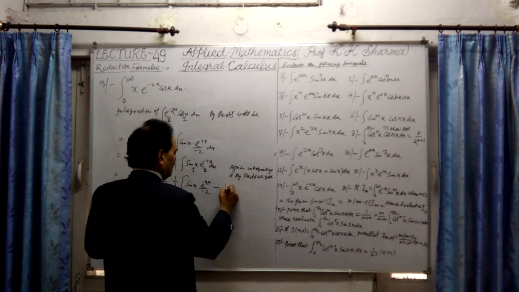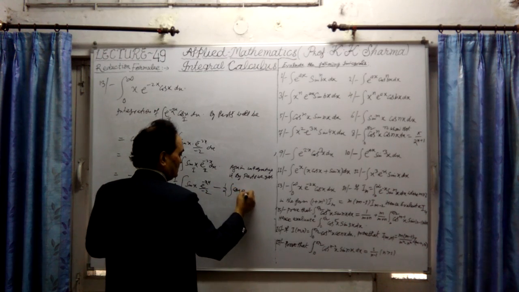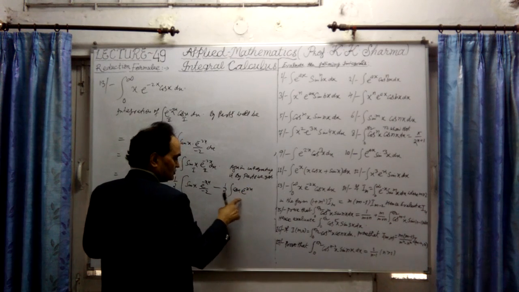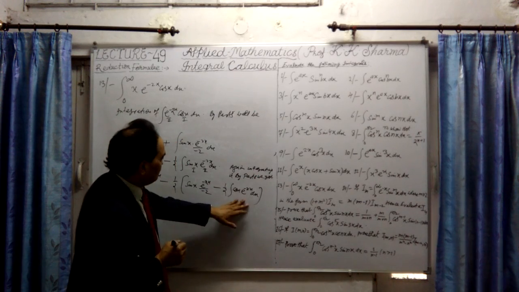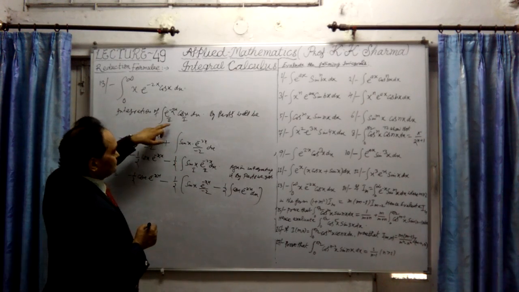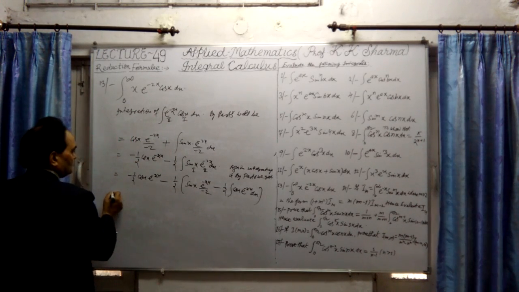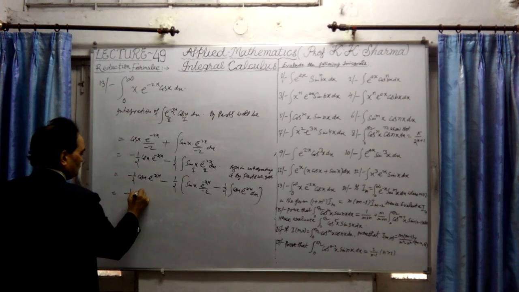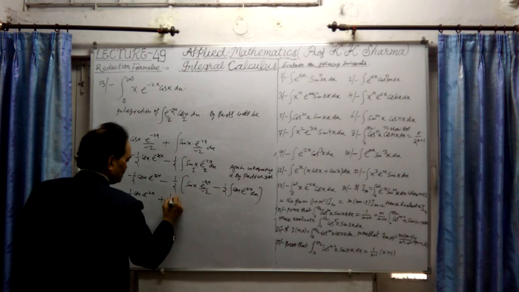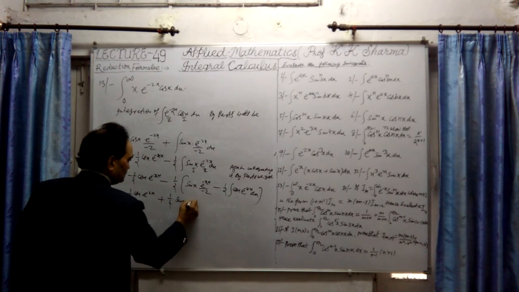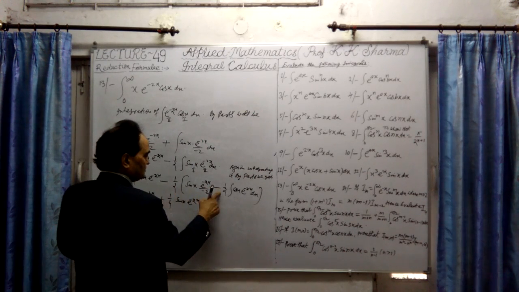If I take the one out, the differentiation of sin x is cos x, positive. Therefore e to the minus 2x upon minus 2, which I have already taken out. This is the same function which we were integrating. Let me separate each term: minus 1/2 cos x e to the power minus 2x, plus 1/4 sin x e to the power minus 2x.